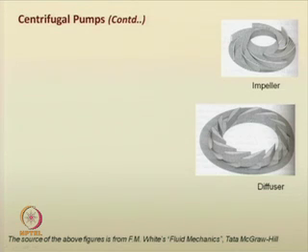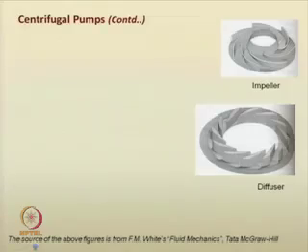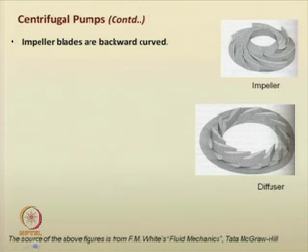You can see the blades. As we have already studied vanes, you can clearly imagine when the water strikes these blades, you can use the same principles of vanes, meaning a high speed jet hitting a vane. The same principles are applied here. The impeller blades are backward curved as shown here.